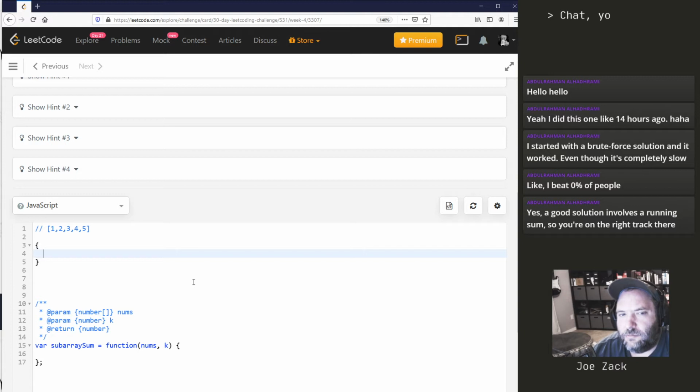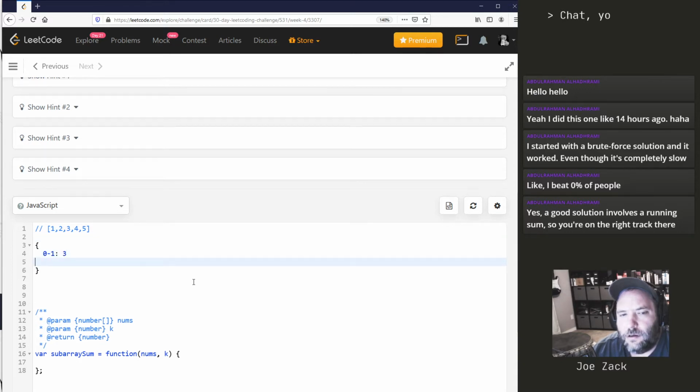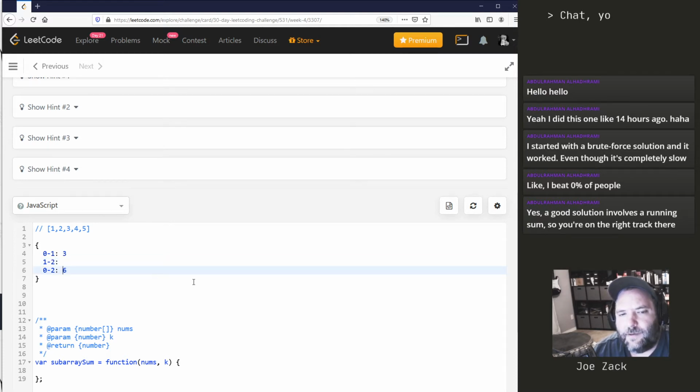A running sum. Okay. So it's almost like, you know, we had a range 0 to 1. In this case, it would be equal to 3. 0 to 2 is going to be equal to 5. And then I could subtract 1 to get 1 to 2, which is going to be, I always want to add these numbers.